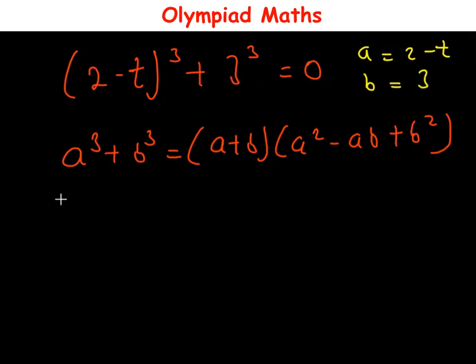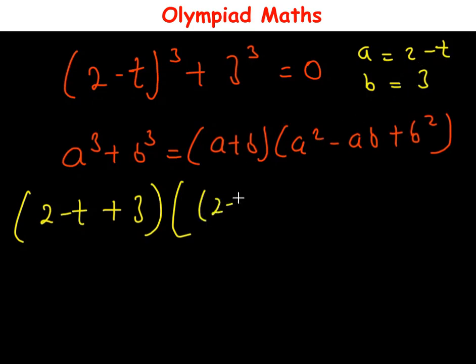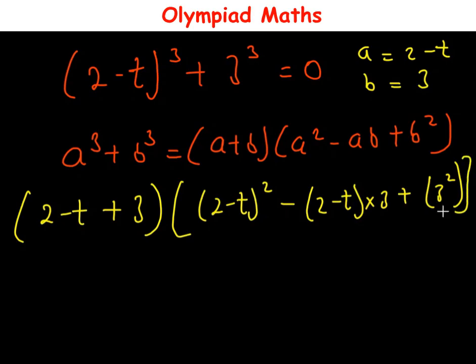So then expanding this, we have it as in bracket a is 2 minus t plus b is 3, then multiplied by a squared, which is 2 minus t all squared, then minus a times b, which is 2 minus t multiplied by 3, plus b squared, which is 3 all squared, is all equal to 0.